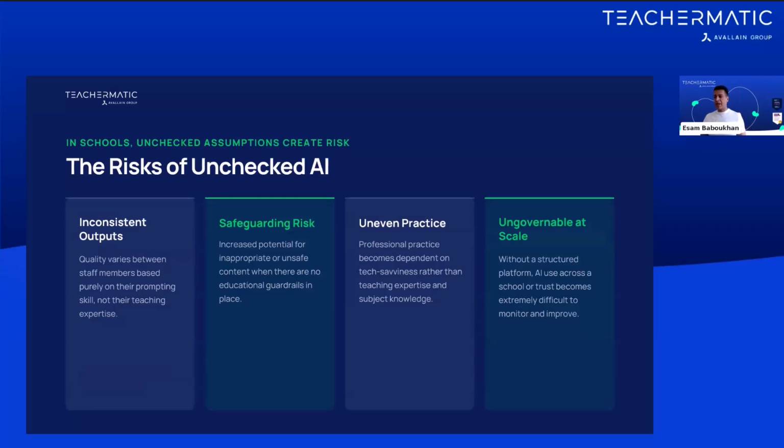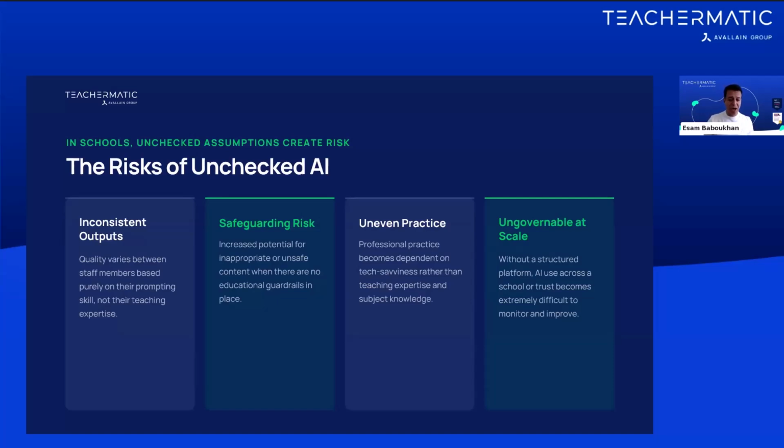This is where it becomes a real issue, because if we're not careful, these tools can introduce considerable risk. Inconsistent outputs: two teachers, same tool, different quality. And it's maybe not about their teaching ability, it's about their prompting ability. That's not a system, that's a lottery.